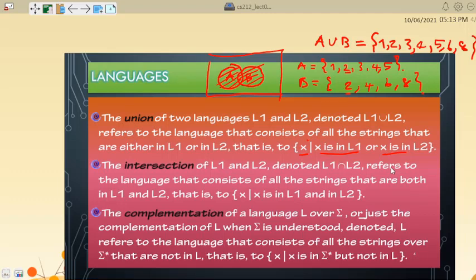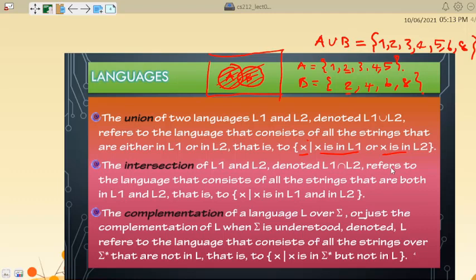The same thing applies here. If we have a language L1 and a language L2, L1 union L2 is the set of strings in L1 or strings in L2.